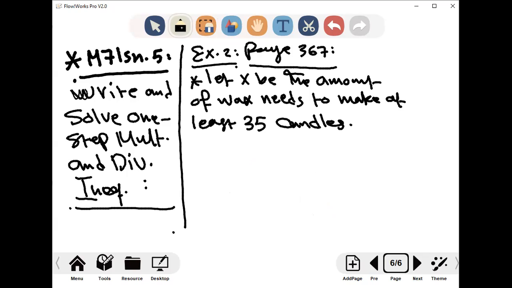Assume that we know the amount of wax, which is 30 ounces. Okay, I'm assuming, forget the example. Assume that we have 30, oz means what? Ounce. Assume that the amount of wax she has is 30. But if each candle needs 5 ounces. Each candle, focus. Each candle needs 5 ounces. Oz means what? Ounces.